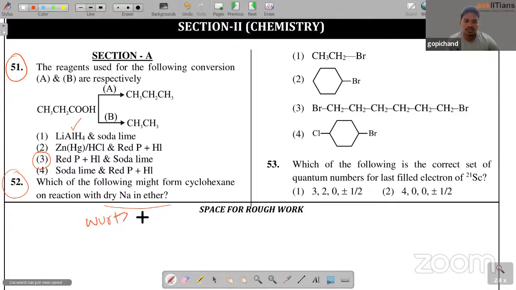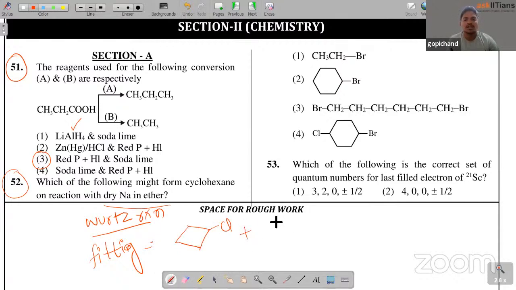So there are so many reactions: the Wurtz reaction, the Fittig reaction, the Wurtz-Fittig reaction. The Fittig reaction is basically where the compounds we are using are aryl halides. Let's suppose you are having chlorine, bromine, and you are using sodium in the presence of dry ether.